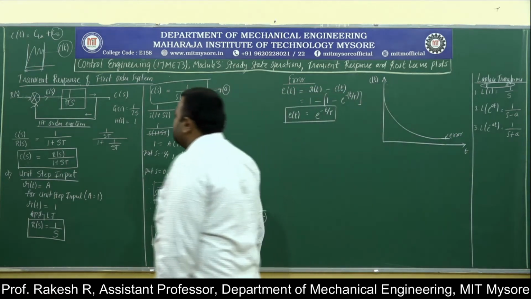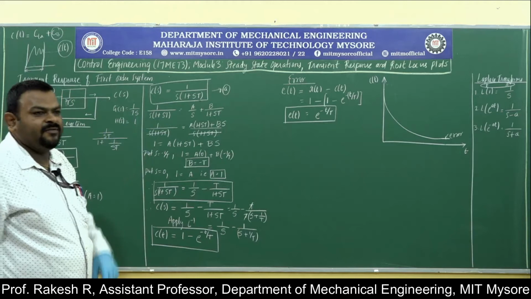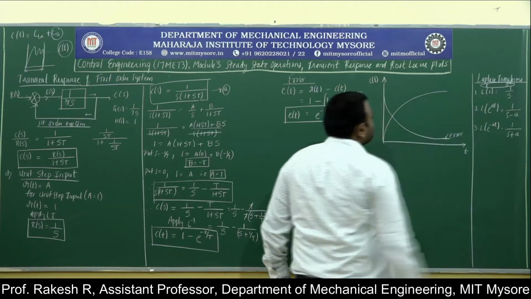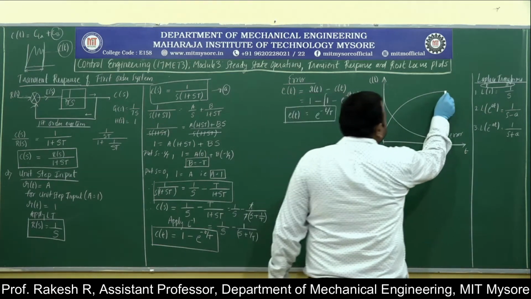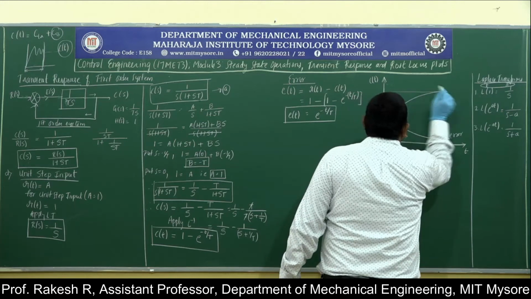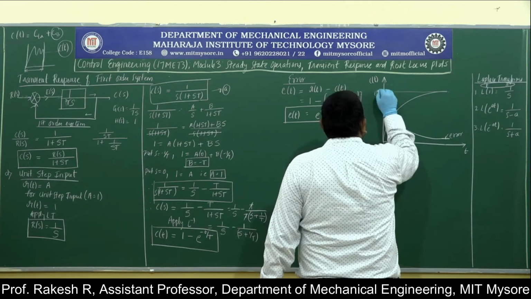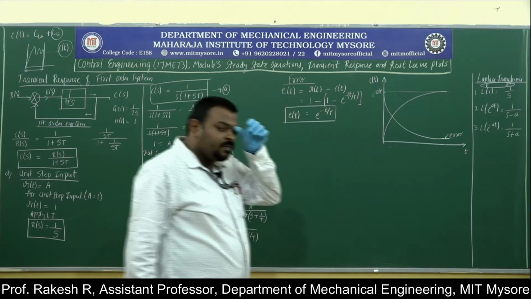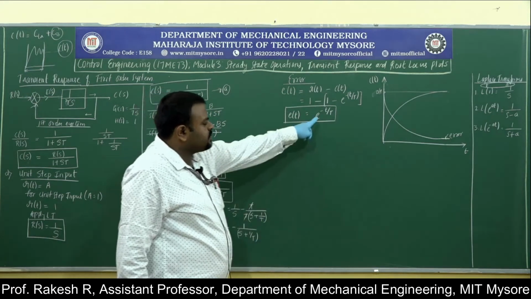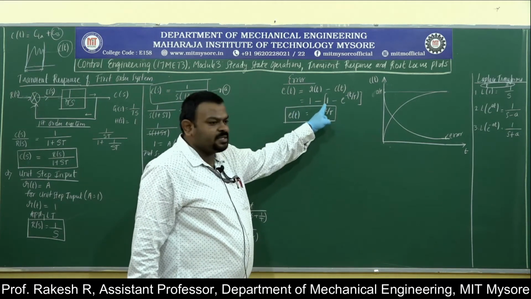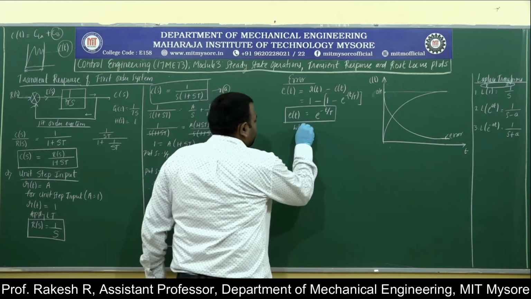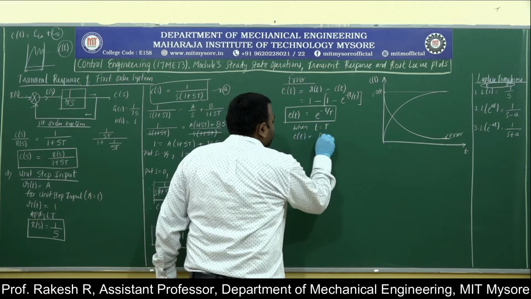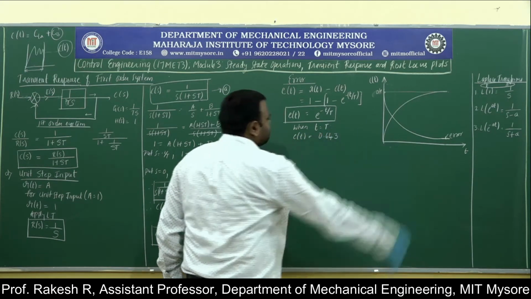Then, if you take the negative values, you will get this plot, and this is the maximum output you can get. This is C of t. If you make this 1 when t is equal to capital T, then e of t will have the value 0.632.